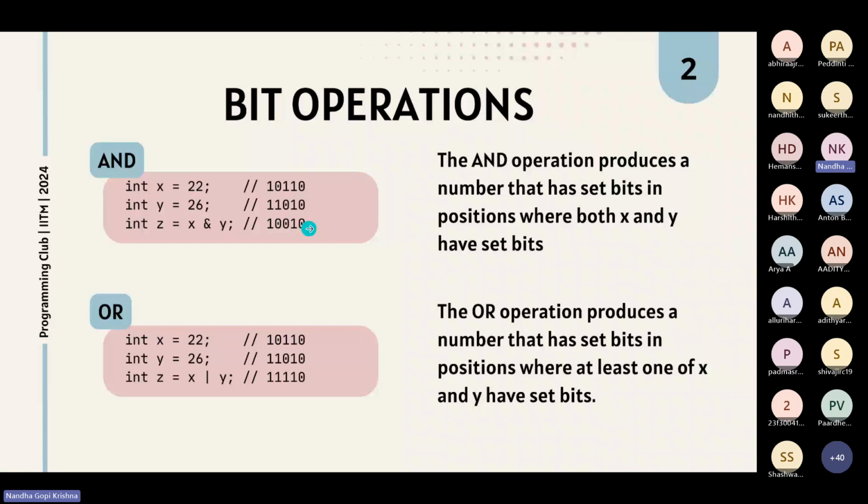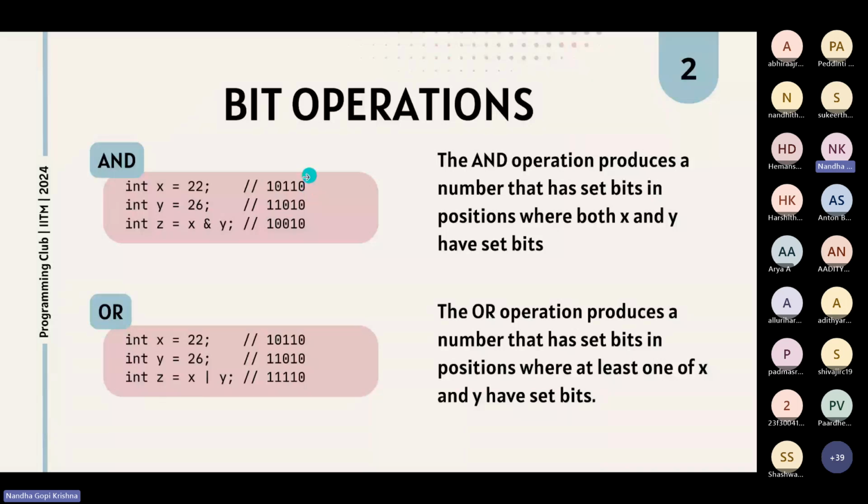So now, let us say we declare an integer variable x with the value 22. So how is this represented in binary? It's represented in binary as 10110. Now you might ask how this came to be. I'll just refresh your binary knowledge anyways.